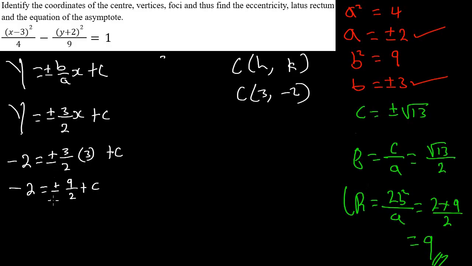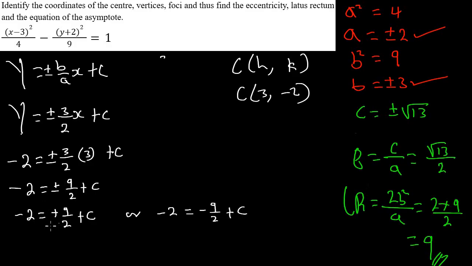Now, what do we do? Well, this plus or minus is just for the 9 over 2 alone, essentially. That will be minus 2 equals plus 9 over 2 plus c, or minus 2 equals minus 9 over 2 plus c. That makes sense?